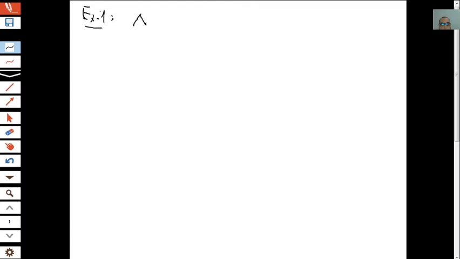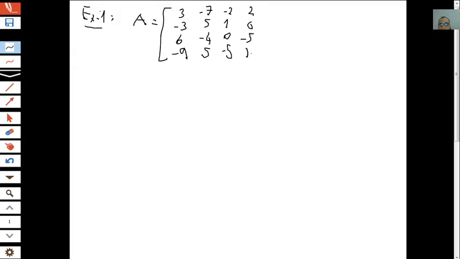The matrix A is written as 3, minus 3, 6, minus 9, minus 7, 5, minus 4, 5, minus 2, 1, 0, minus 5, 2, 0, minus 5, 12.